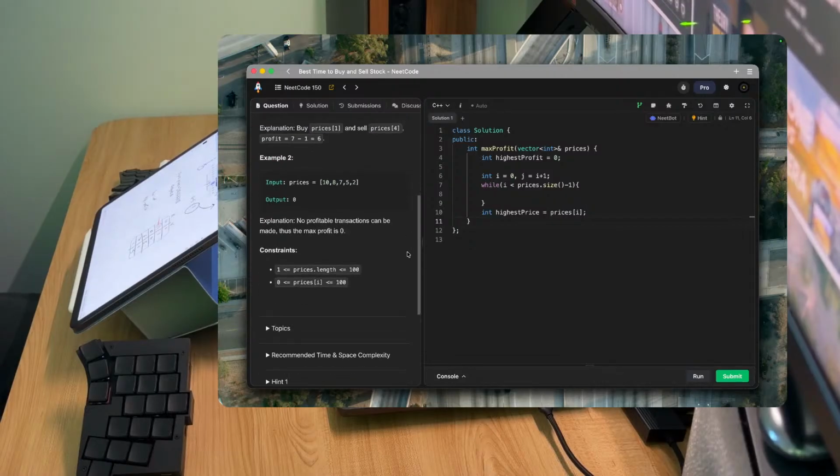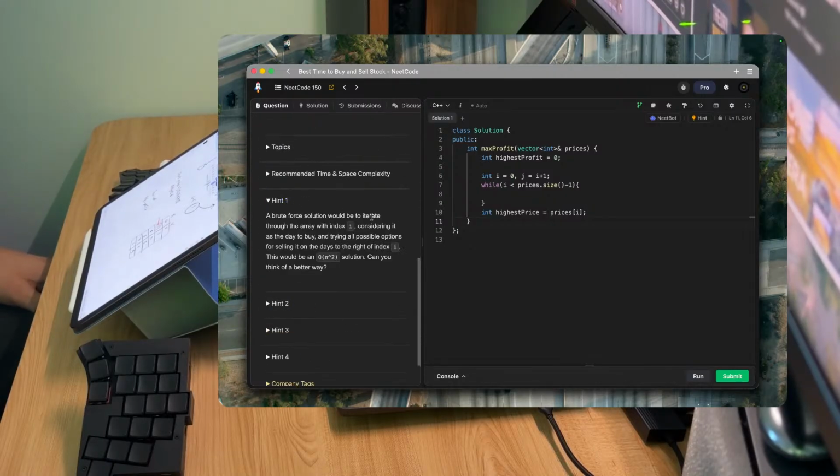Oh, I was looking at the hints. Hint 1, brute force, which I think is you calculate every possible price. I couldn't even do that one.